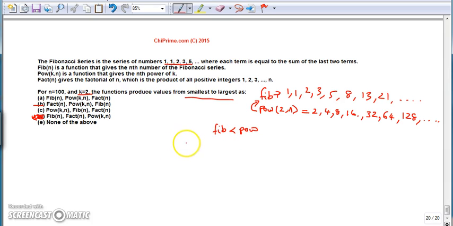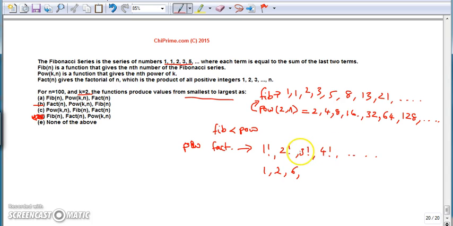Now we have a more interesting challenge. We have pow and we have the factorial function, right? So let's look at a few elements of the factorial function. Essentially, we want a series which is like this: 1 factorial, 2 factorial, 3 factorial, 4 factorial, and so on. 1 factorial is 1. 2 factorial, 2 times 1 is 2. 3 factorial, 3 times 2 times 1, that is 6. 4 factorial is 4 times 3 times 2 times 1.